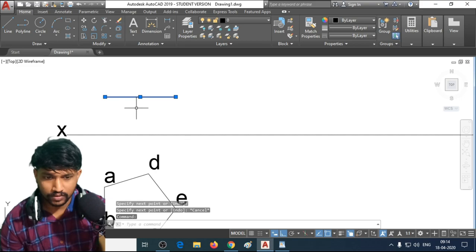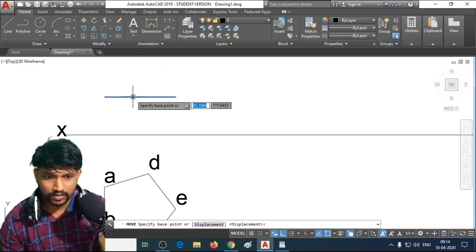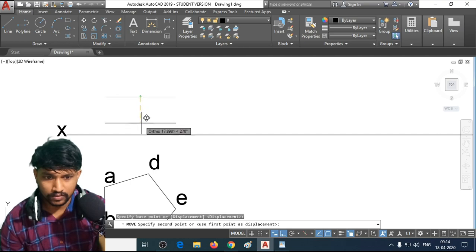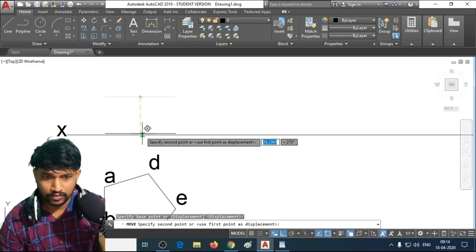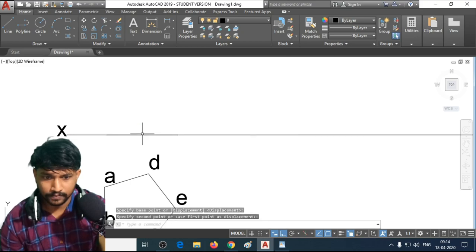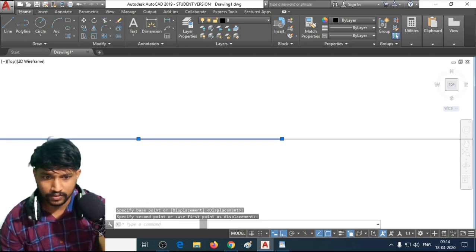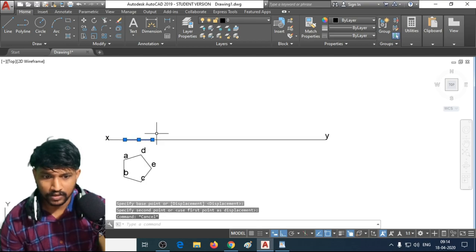And the previous one is also not horizontal, so I don't want that to be happening. So that's the reason why. Yeah, there it is. This is the line that I wanted.